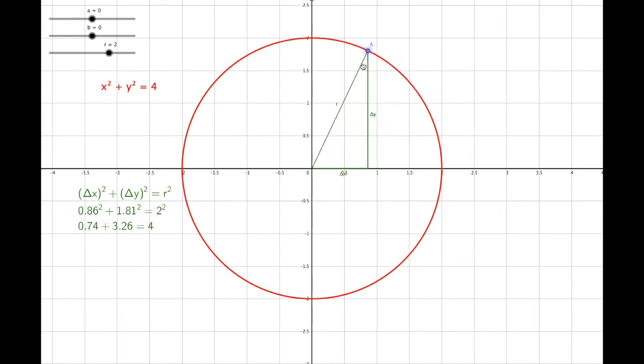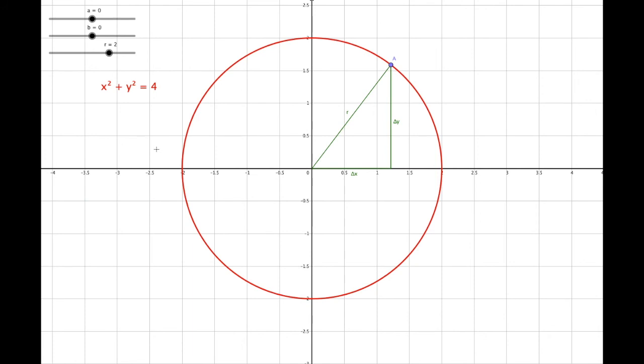And again, we can move it around. So we're happy now, hopefully, with x squared plus y squared equals r squared, and that means we can forget about that calculation. Now, what if we move the centre?